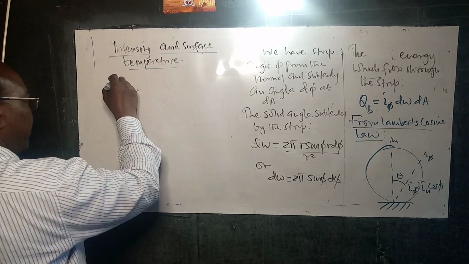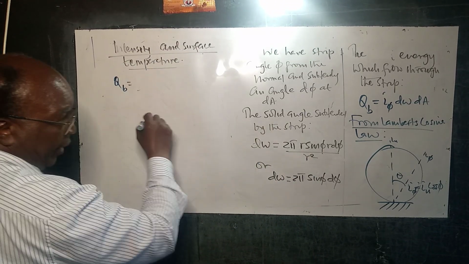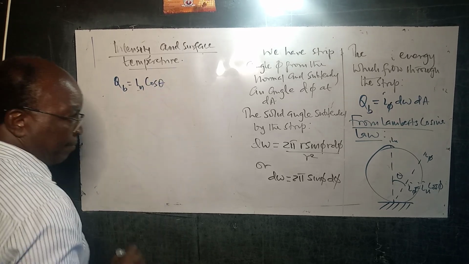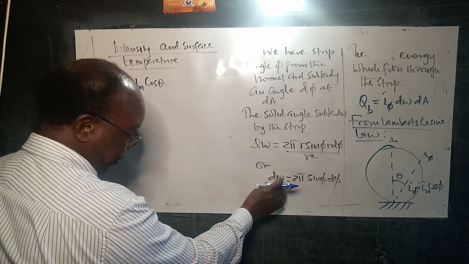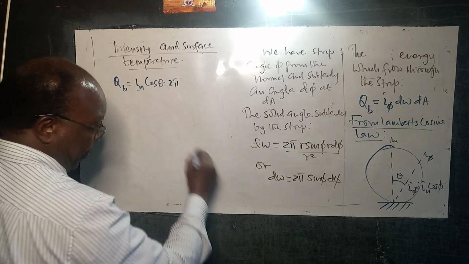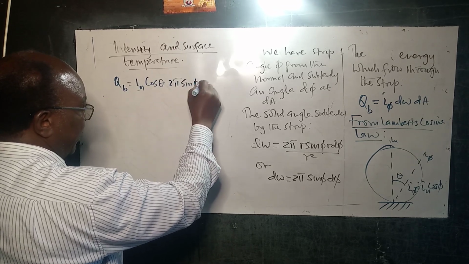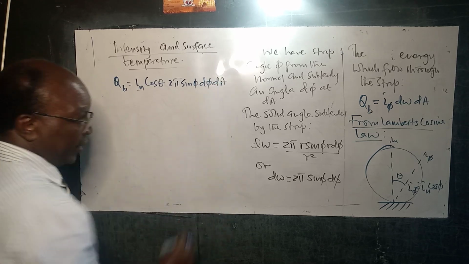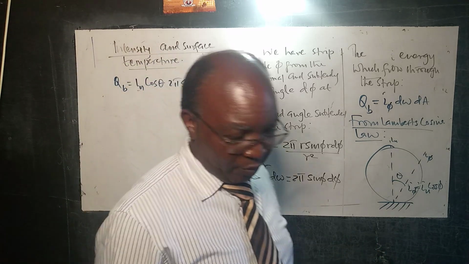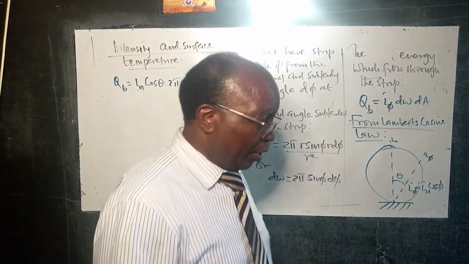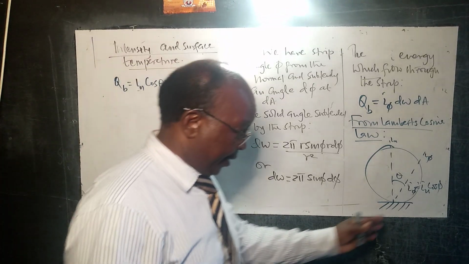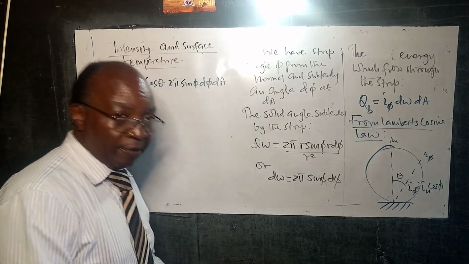So that Q is In cosine phi. And remember, we have the solid angle is 2 pi sine phi d phi, dA. So very simple. We just talked about angle subtended. We know how we compute that. We know what Lambert's cosine law is, relating the intensity at the normal and at some angle phi.